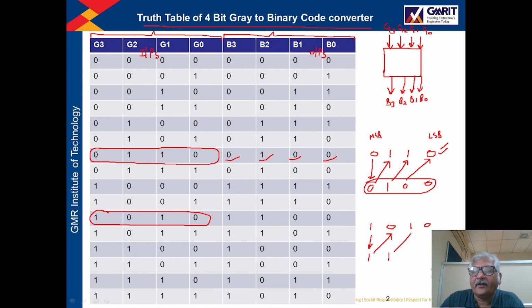With this one you add the next number. 1 plus 1 is 0, and neglect the carry. And with this 0 you add the next number. 0 plus 0 is 0. So the binary code is 1100. You can see here, 1100.